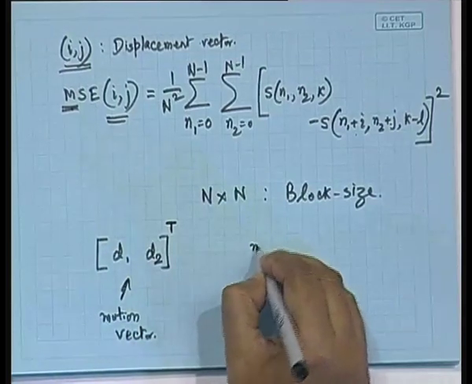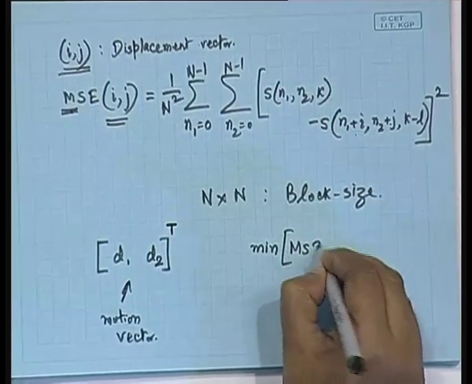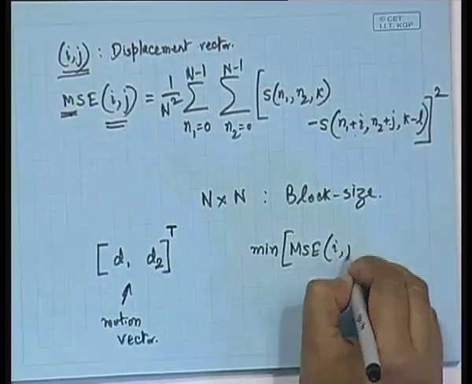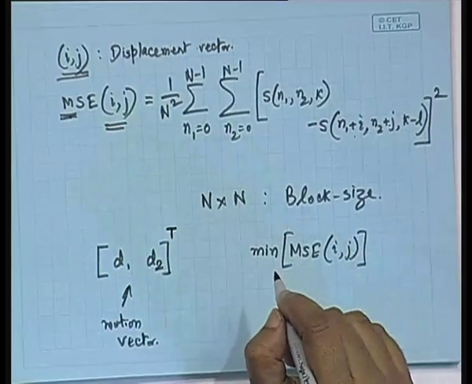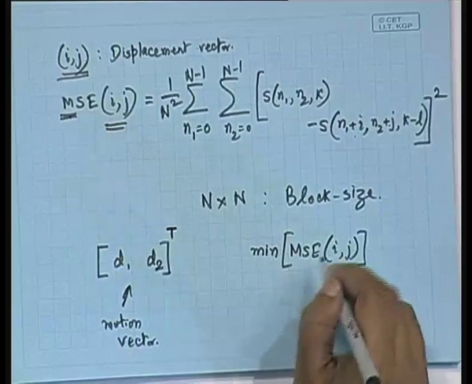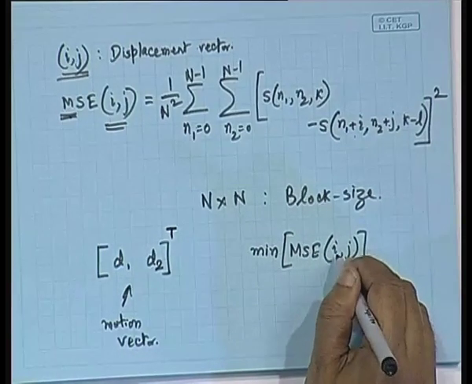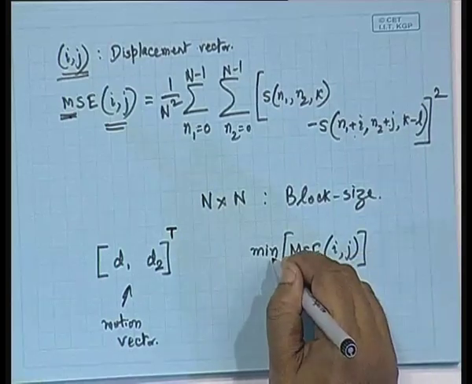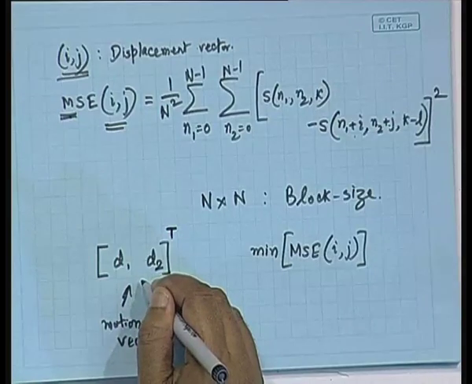We must find the minimum value of the MSE i j, but the minimum mean square error value itself is not important. What is important to us is the position at which the minimum occurs. The i j position for which the minimum occurs should be my d1 d2 value.